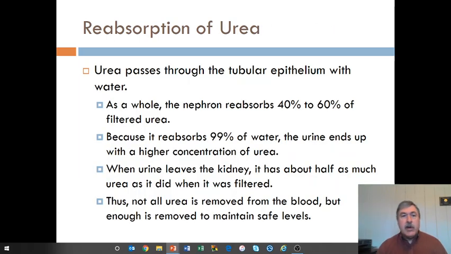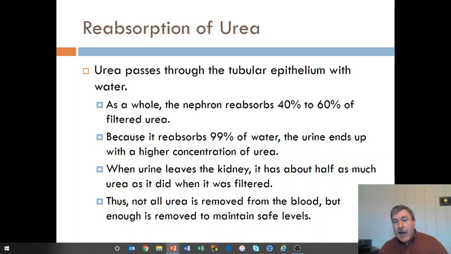So as I mentioned, urea also passes through the tubular epithelium with water by way of solvent drag, by way of the paracellular route. So as a whole, the nephron reabsorbs 40 to 60% of the filtered urea, which is surprising because that's a waste. That's something we want to get rid of. But because the nephrons reabsorb 99% of all the water that's filtered, the urine ends up with a higher relative concentration of urea.